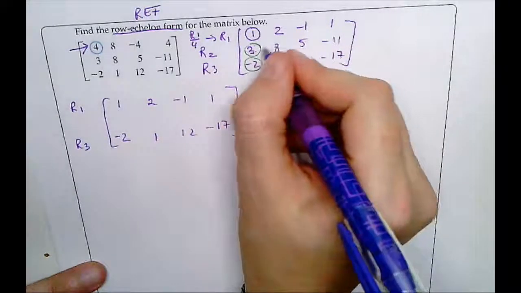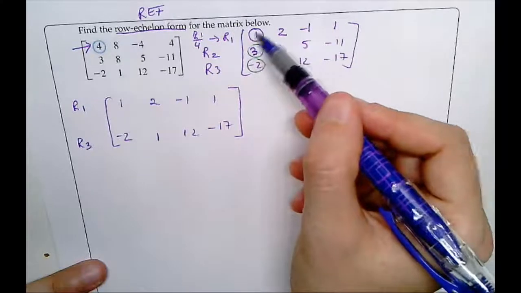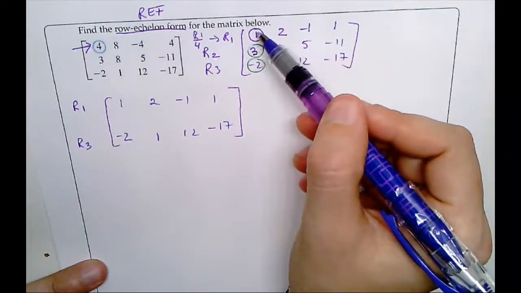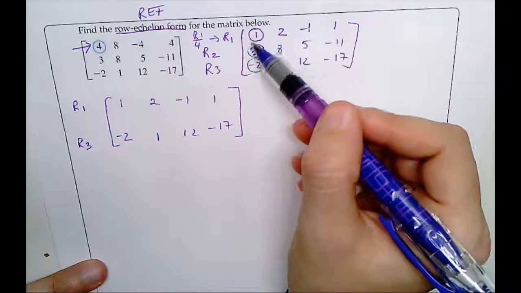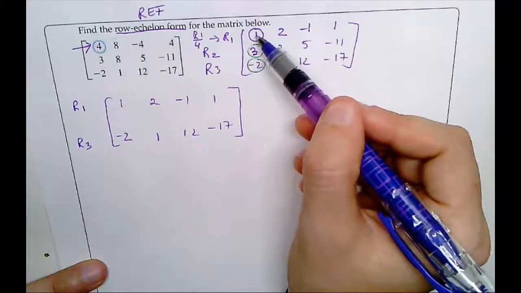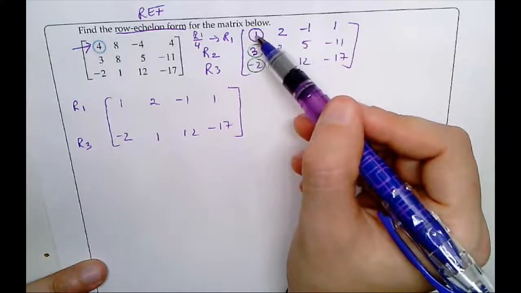Now, looking at row 2, I need to add a multiple of row 1 such that this becomes a 0. So notice that if I multiply row 1 by negative 3, I'll have negative 3 times 1, which is negative 3.